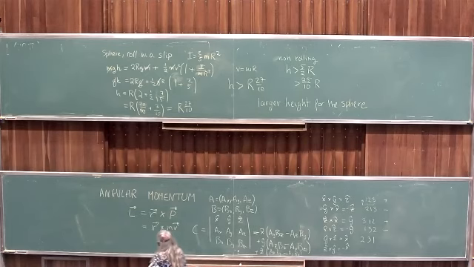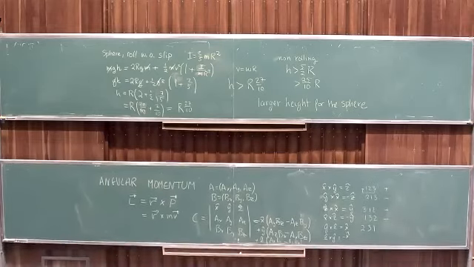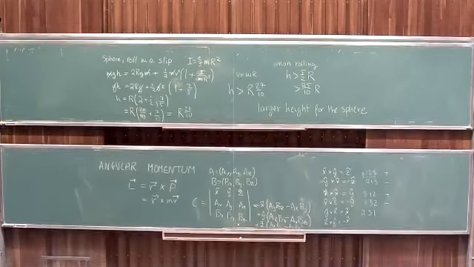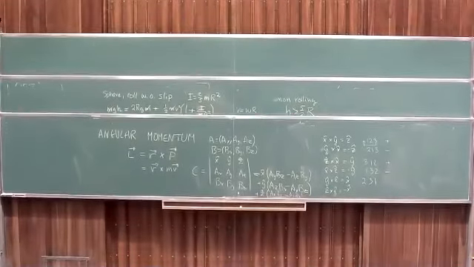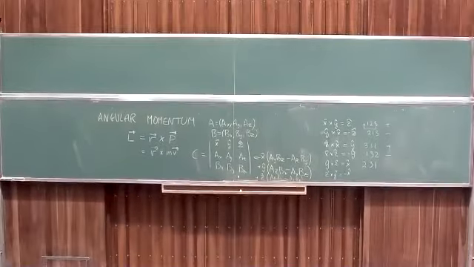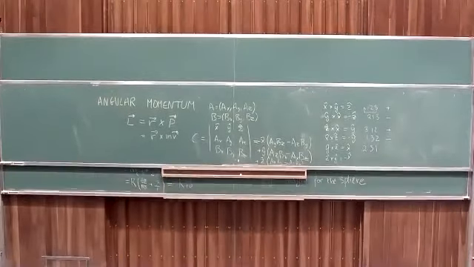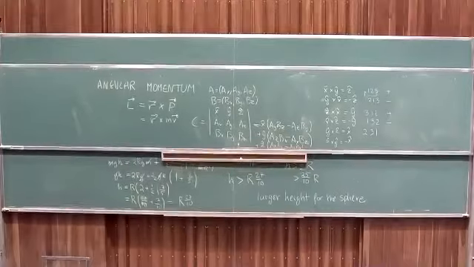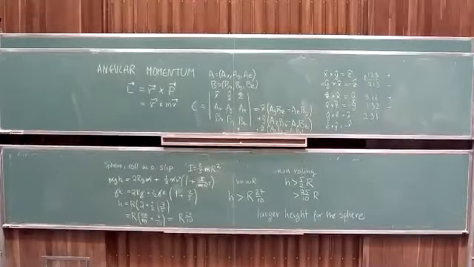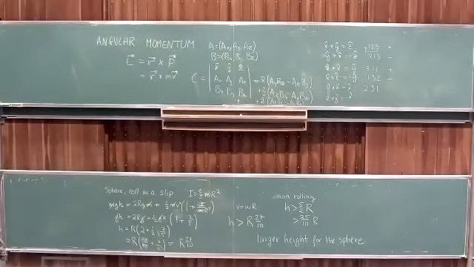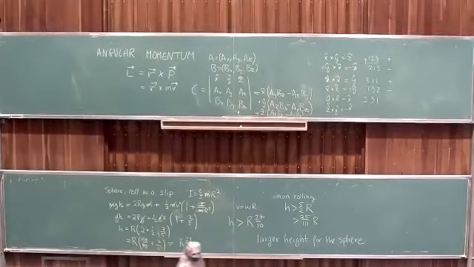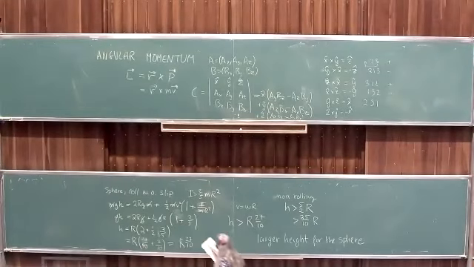Okay, so that's the definition of angular momentum. So let's go back and do the circular orbit again. We didn't figure out what the size of it is. That's enough to keep the angular momentum of the particle in the circular orbit.